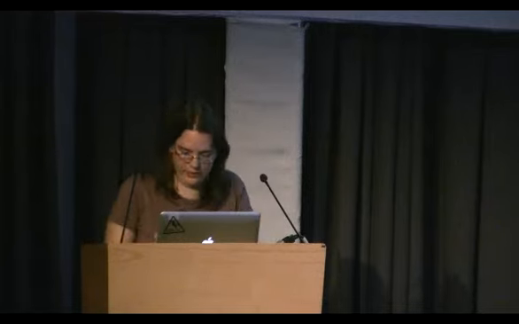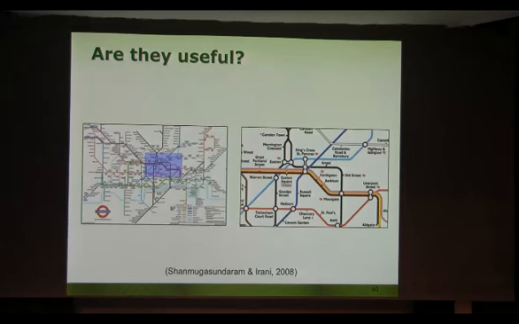We have also this recent experiment on the underground map of London. The task here was to say how many stops there are between two specific stations, and you have access to both the overview and the detailed view. In the first condition, no animated transition, so you just switch from one view to the other, and in the other, a smooth zoom in.